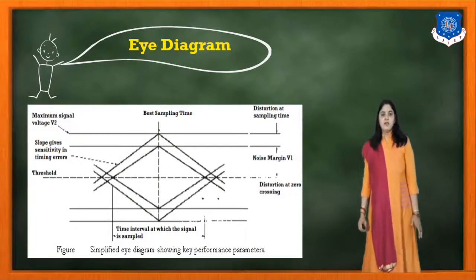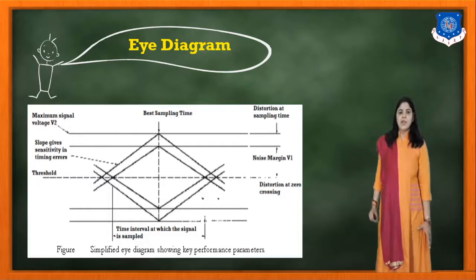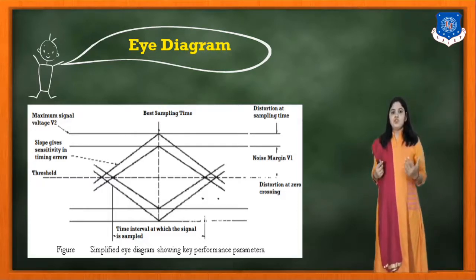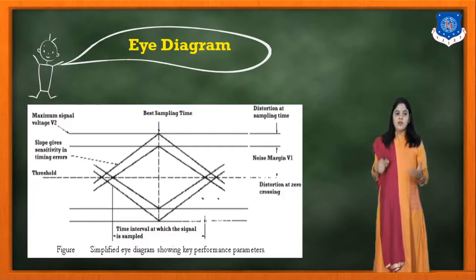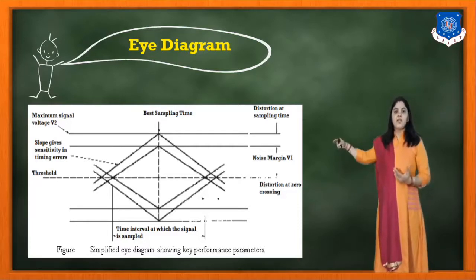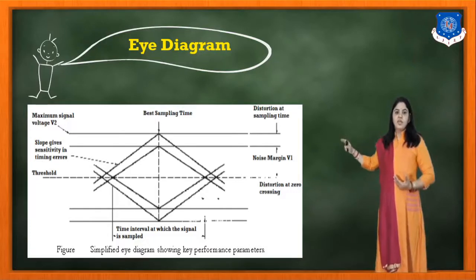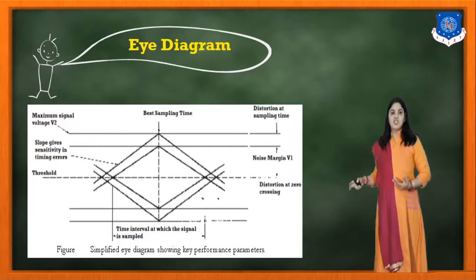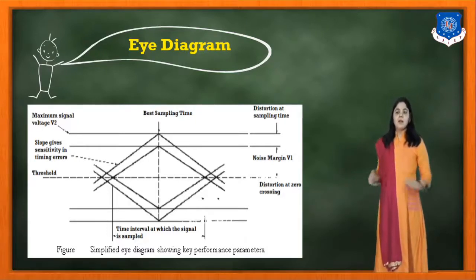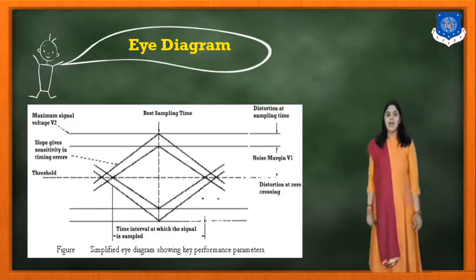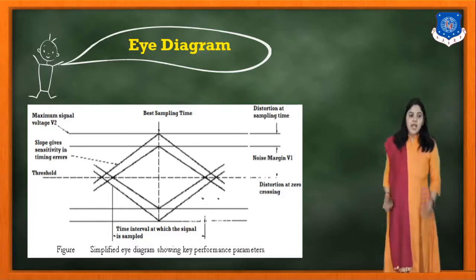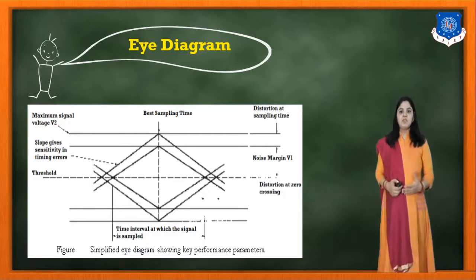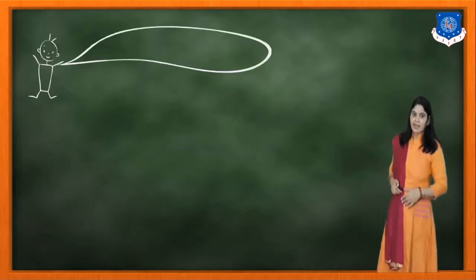In it, we can find out the distribution of the signal, what the maximum signal voltage is, what the minimum voltage is, and what the noise margin is. In digital transmission, eye diagrams are helpful to us, and we can find out all key parameters using the eye diagram.